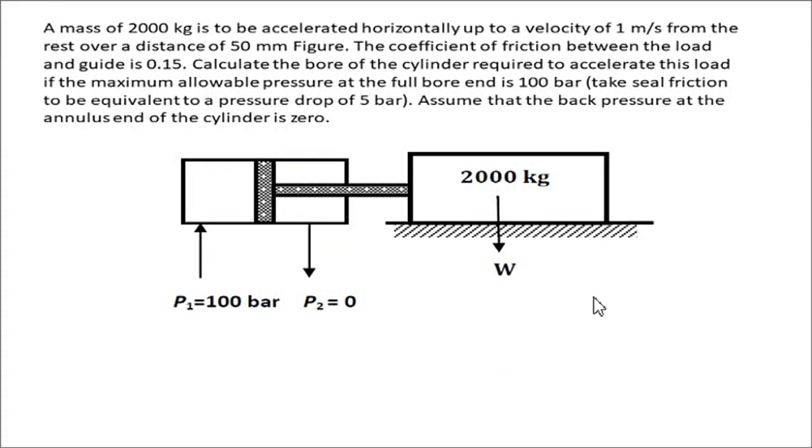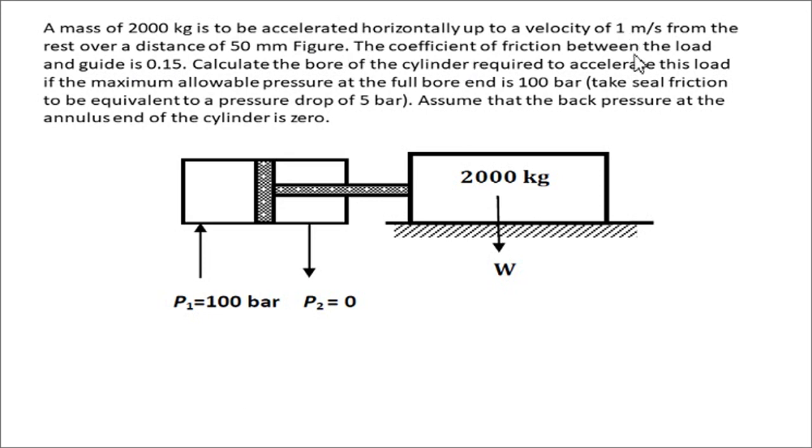Now consider this another numerical. In this numerical you can find out that a mass of 2000 kg is to be accelerated horizontally up to a velocity of 1 meter per second from rest over a distance of 50 mm. That is, distance travelled is given and initial and final velocities are given.